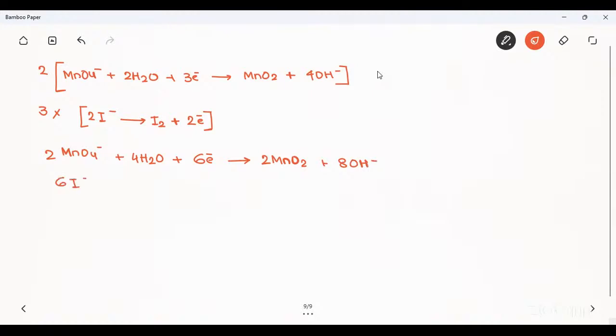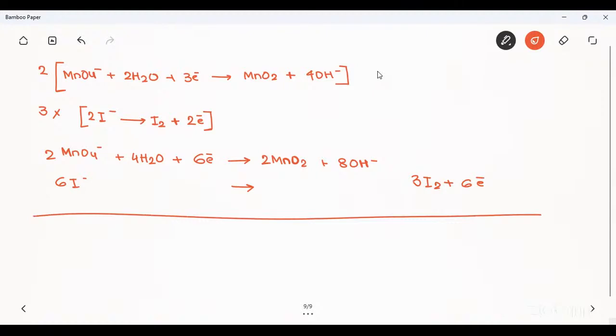And here 6 iodide producing 3 iodine plus 6 electrons. So whatever you get after adding, that is your final answer. 2 MnO4 minus plus 4 water plus 6 iodide gives 2 MnO2 plus 3 iodine plus 8 OH minus.